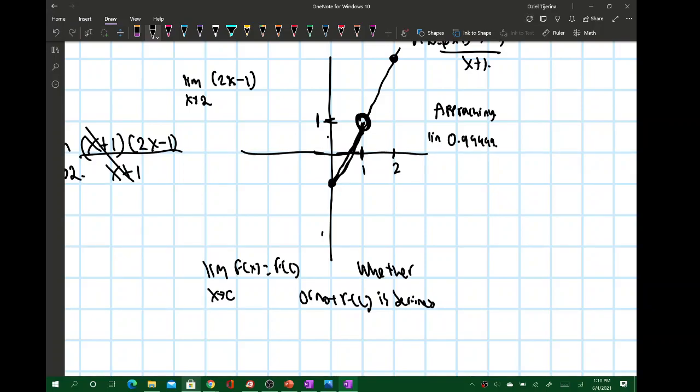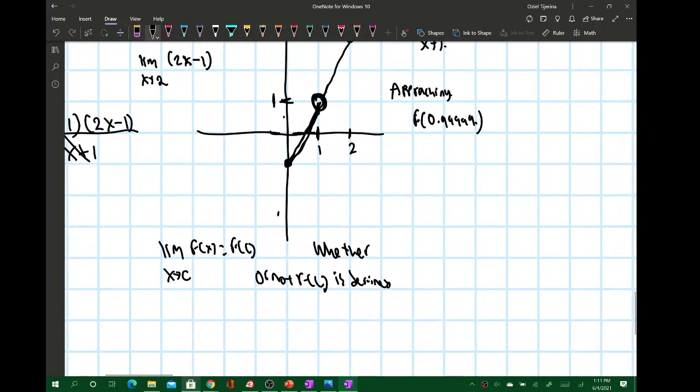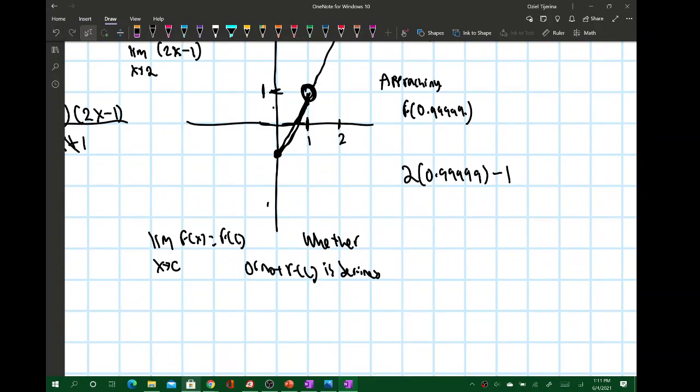As I get to f of 0.99999, what is my y value going to be? If you do that on a calculator, it's going to be about 0.99998.